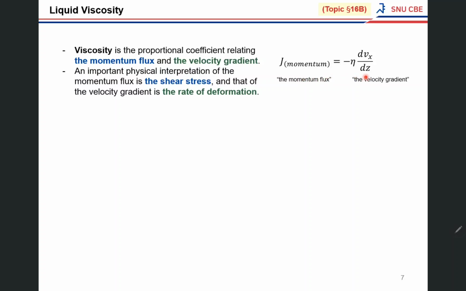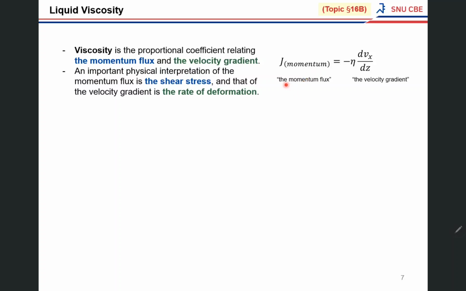The fluids that follow this relation are called Newtonian fluids, and most gases and liquids belong to this Newtonian fluid. Also, we have some special types of fluid, such as molten polymer. Those kinds of liquids don't follow this Newton's law of viscosity.